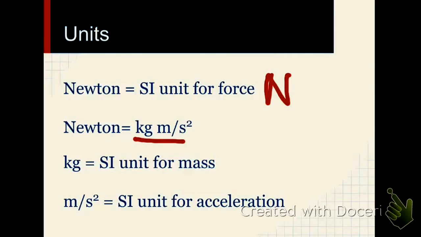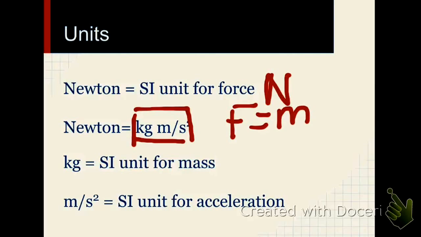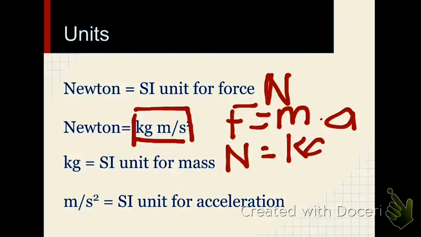Kilogram, as we know, is the SI unit for mass, and meters per second squared is the SI unit for acceleration. It's important to note that this is really what a Newton is equal to, because as you will see in the next slide when we do an example, when you have F equals MA, our force is going to have Newtons as its unit, our mass is going to be kilograms, and our acceleration is going to be meters per second squared.